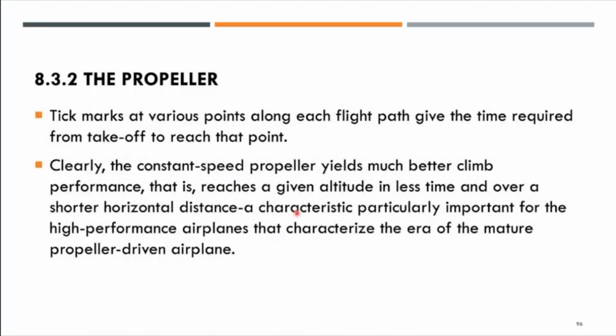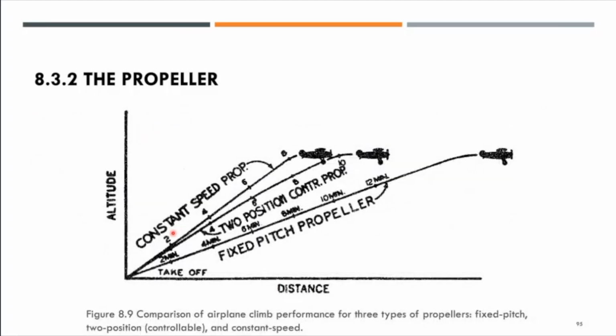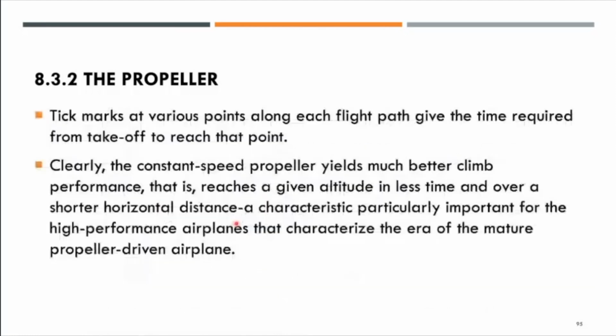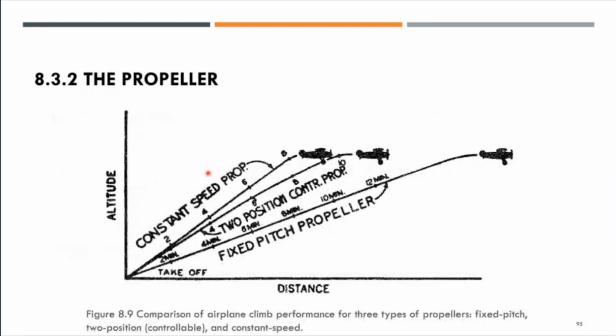The tick marks at various points, 2, 4, 6, 8, and so on, give the time required from takeoff to reach that point. Clearly, you can see that the constant speed propeller requires a short distance to reach a certain altitude.